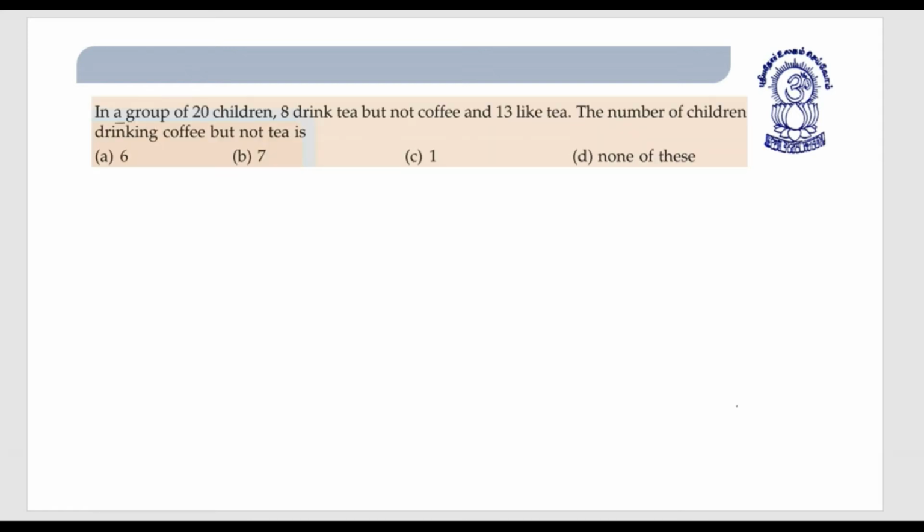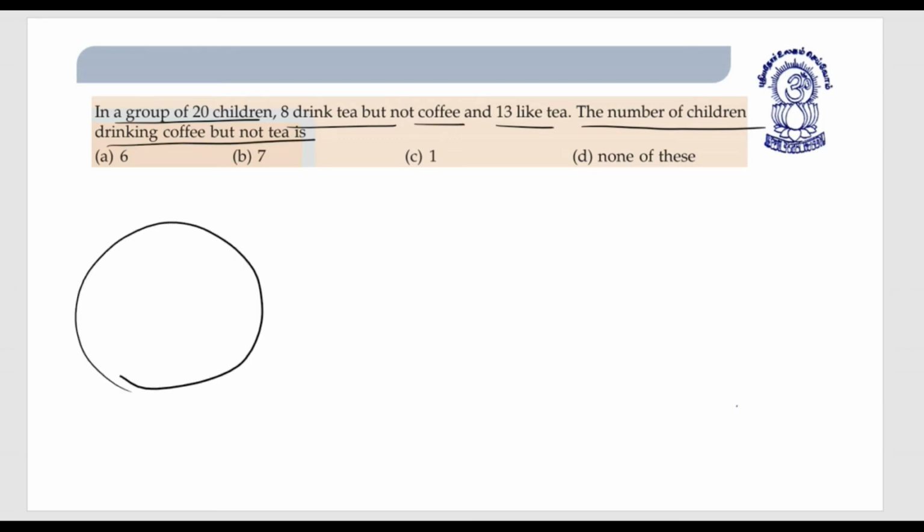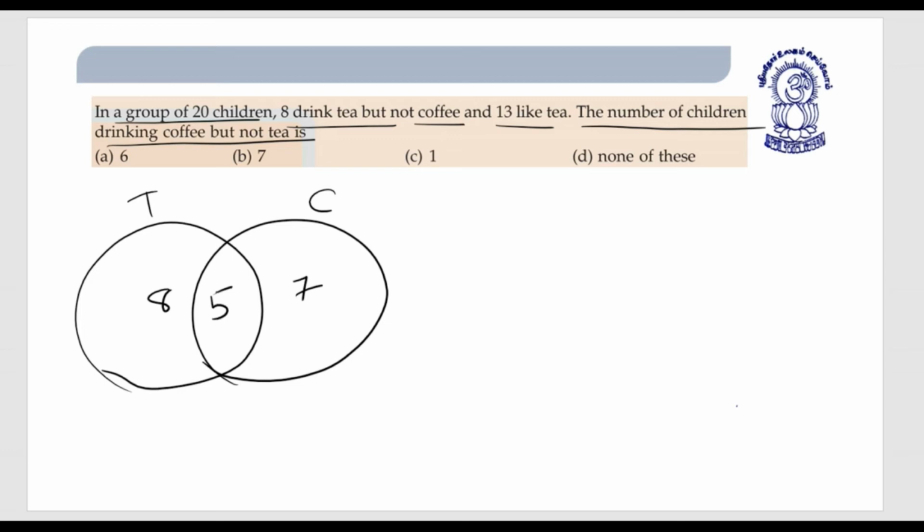Next one. In a group of 20 children, 8 drink tea but not coffee and 13 like tea. The number of children drinking coffee but not tea is. Here, tea and coffee: 8, 5 for both, so 8 plus 5 is 13.